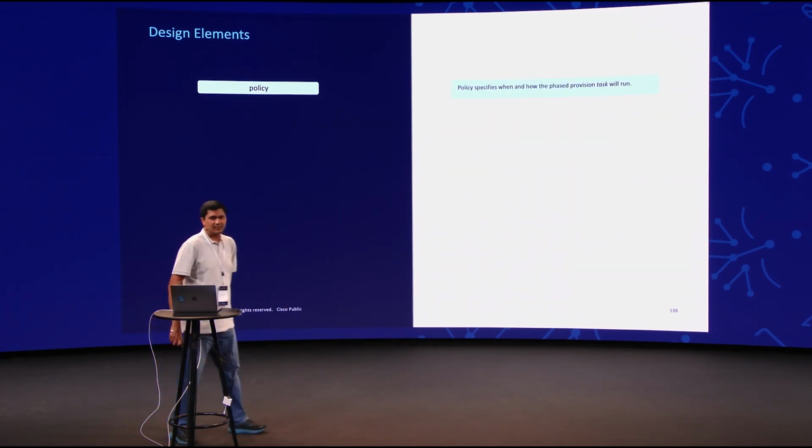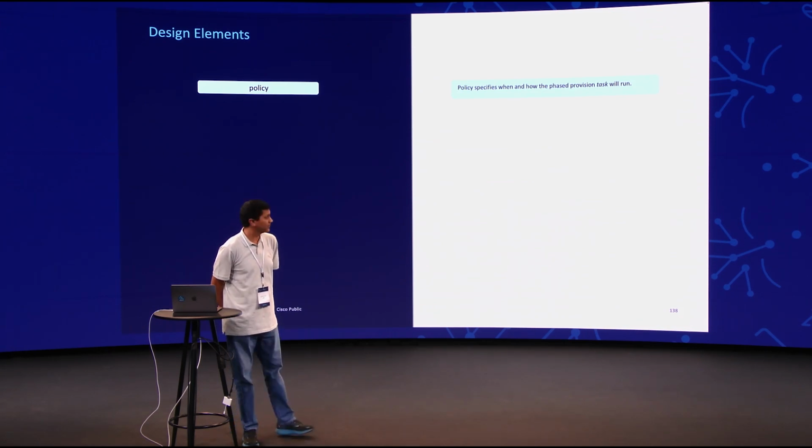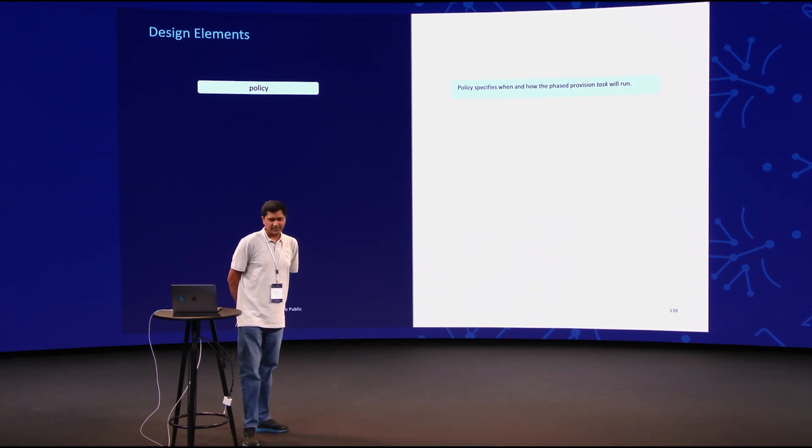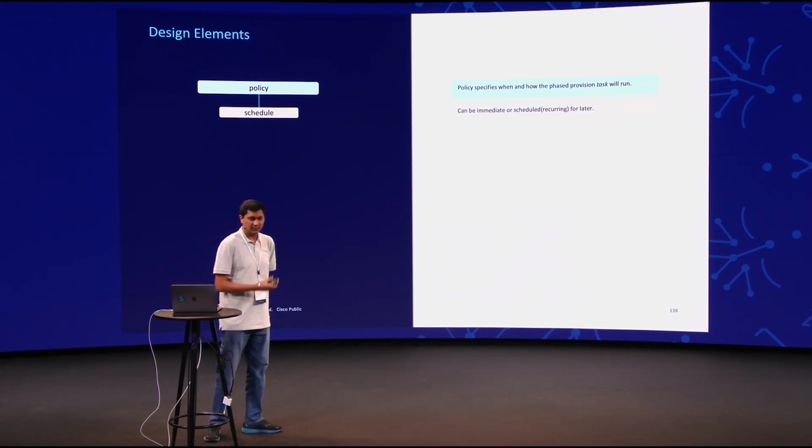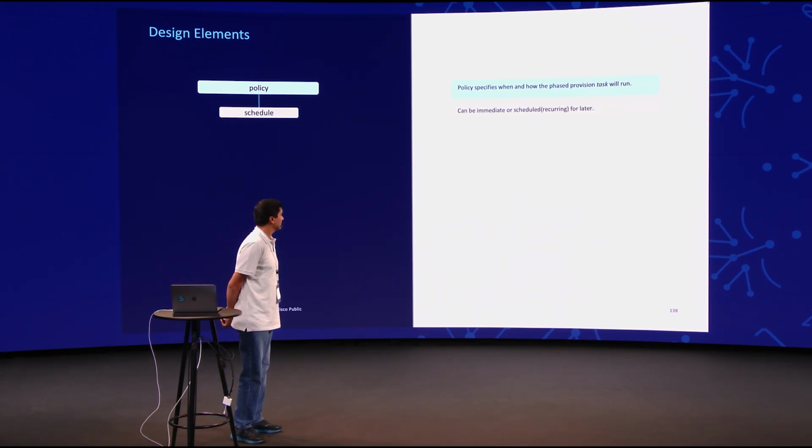So the next design element, as I mentioned, is policy. So policy specifies when and how to run the task. When is nothing but the schedule. It can be an immediate or it can be a scheduled one, which can be recurring. So for the schedule policies, what we do is we create the underlying scheduler task the NSO has. We don't do any scheduling stuff.